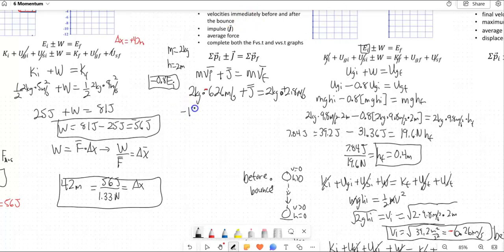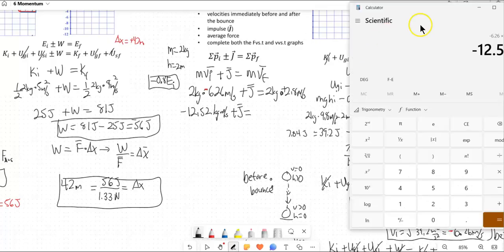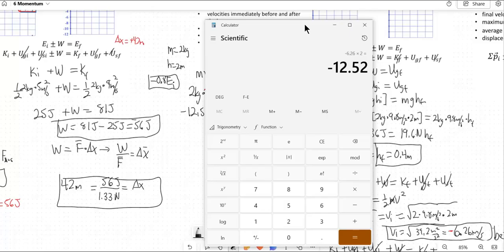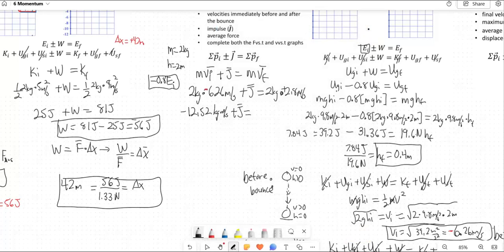So this is negative 12.52 kilogram meters per second plus J, and that is going to be equal to 2.8 times 2, 5.6. So positive 5.6 kilogram meter per second.